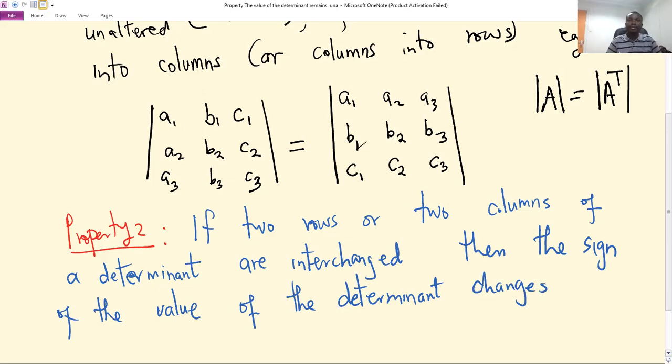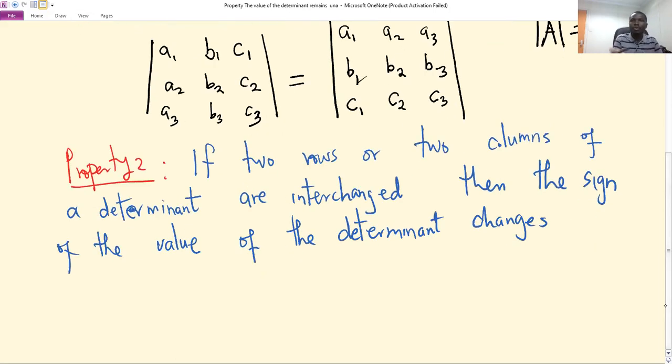That is, if you switch two rows or two columns of any determinant, then the sign of the original determinant changes. If it was negative, it becomes positive, and vice versa.